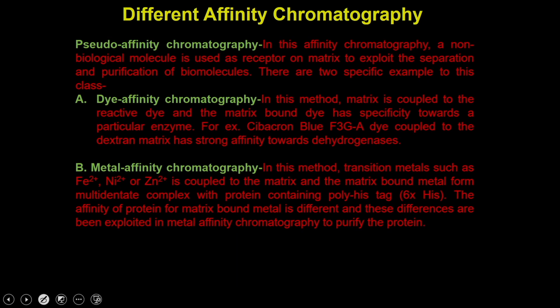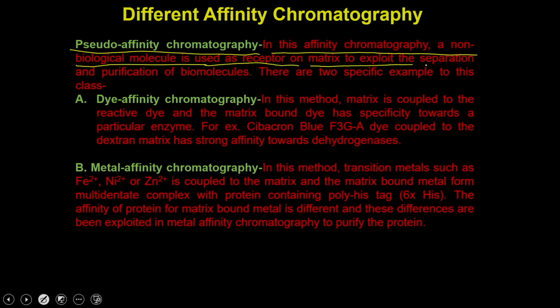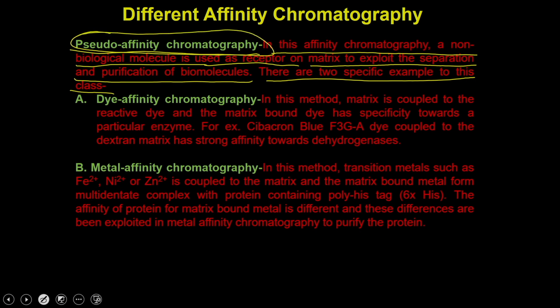Now, the second class is called pseudo affinity chromatography. In this affinity chromatography, a non-biological molecule is used as a receptor on the matrix to exploit the separation and purification of molecules. These are the two specific examples of this class. Okay. So, pseudo affinity chromatography is different from bioaffinity chromatography.